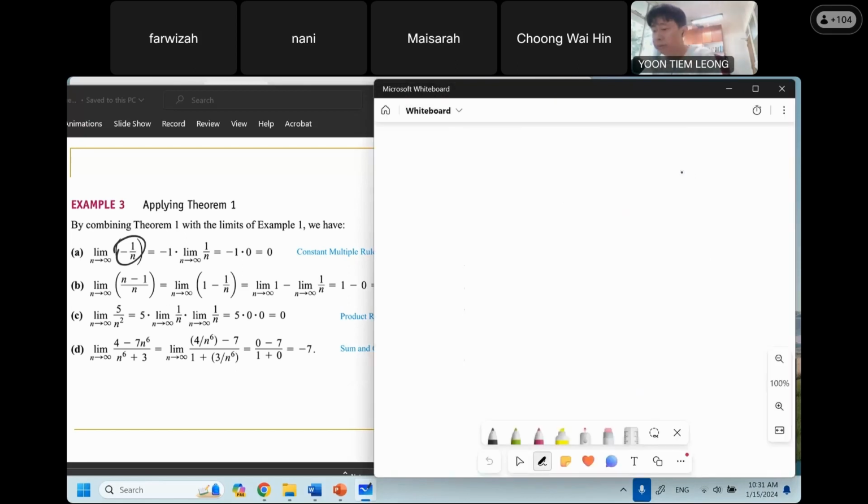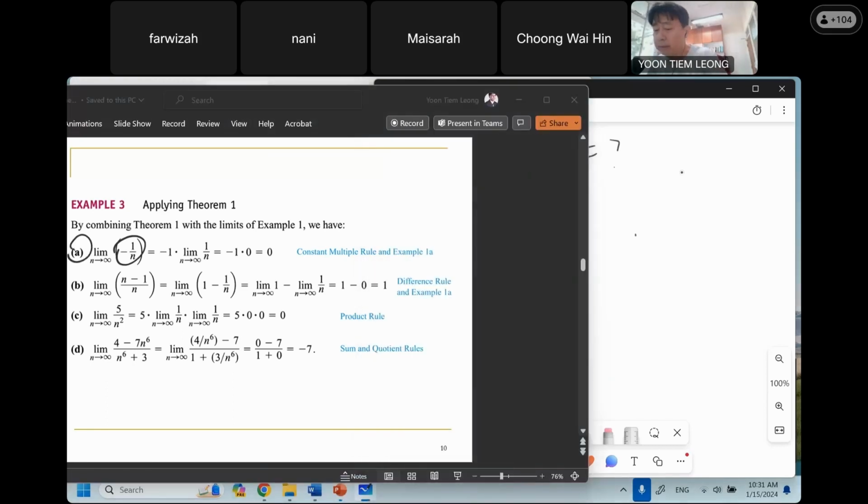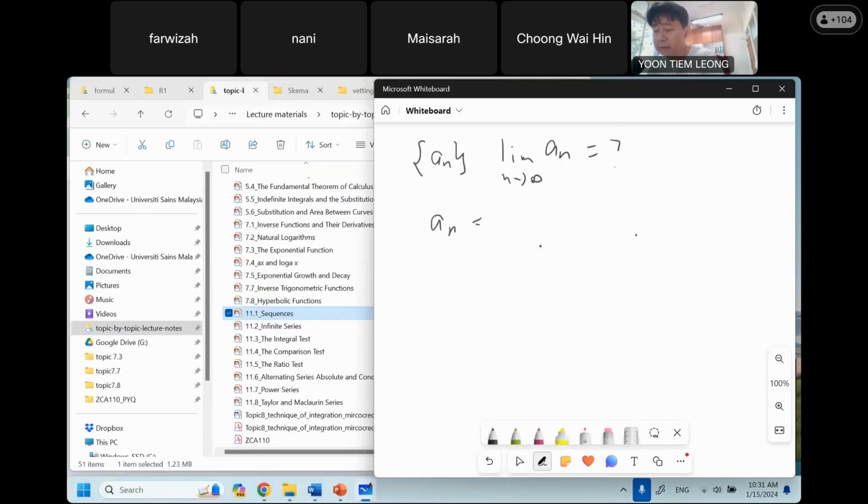So you are asked to find the limit of a sequence, which is written like this, where an, the expression of the term in the sequence in example 3a1, is written as minus 1 over n, right?